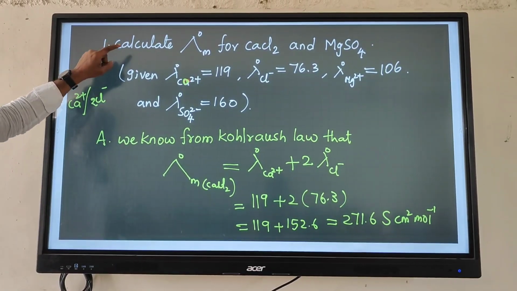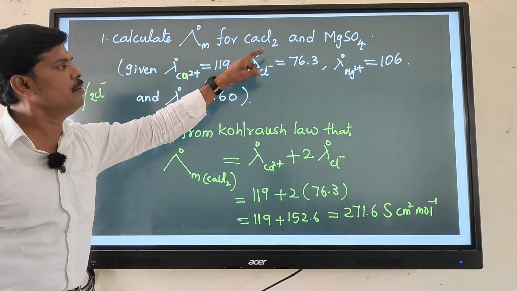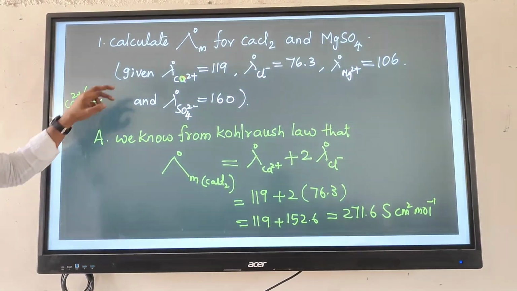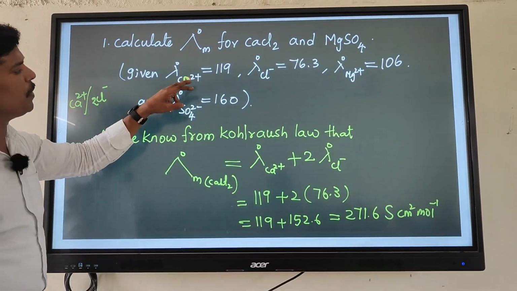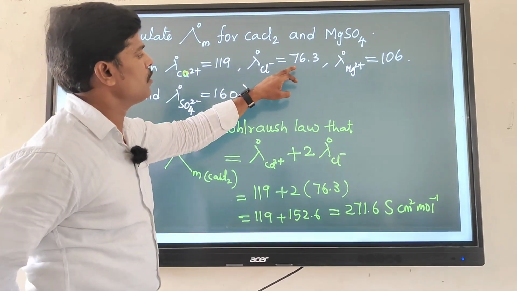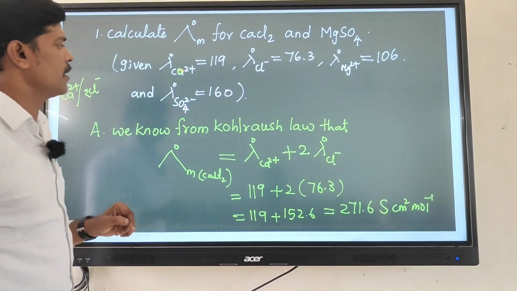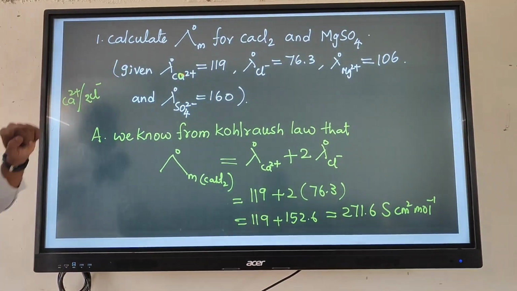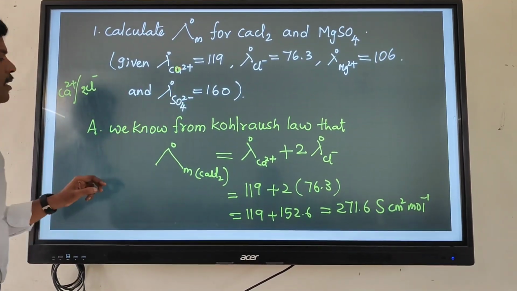Here calculate lambda m naught for CaCl2 and MgSO4. Given lambda naught Ca2+ is equal to 119, lambda naught Cl minus equal to 76.3, lambda naught Mg2+ equal to 106. Standard equivalent conductances are given, and lambda naught SO4 2 minus equal to 160.